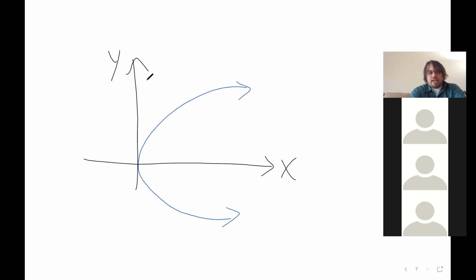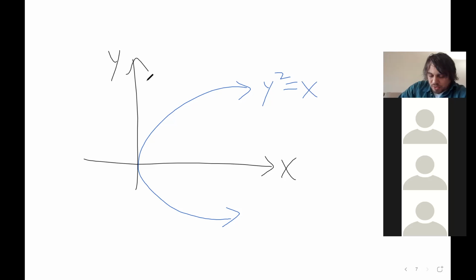Okay, so if you input a y value, let's say like 2, the output would be 4, which would be x. So x is growing faster than y is, right? Y squared equals x. So this is a graph of y squared equals x, the blue.